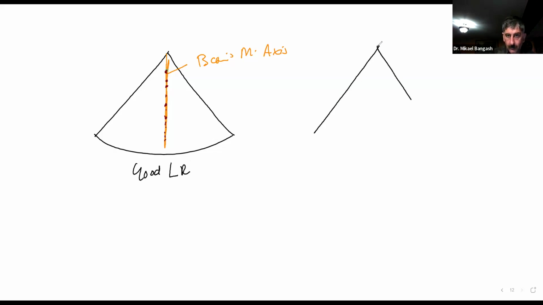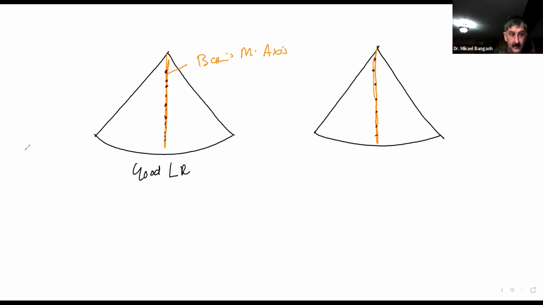Now let's say the same thing here. Let's say that our beam in this frame here was like this. The structures that appear here should ideally only appear here.